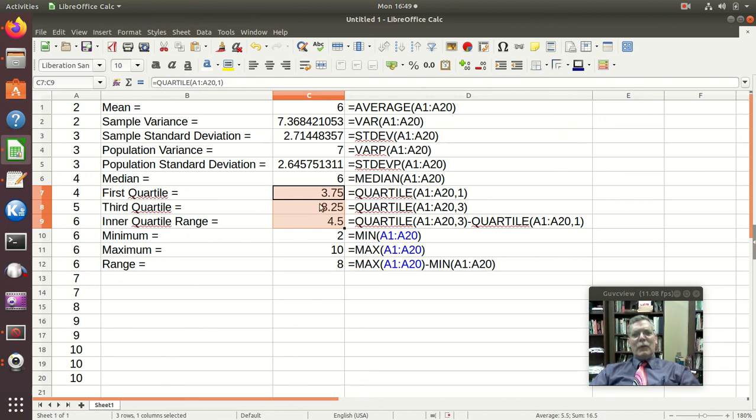And of course, if you get 8.5 and 3.5, this will be a 5. But as long as you're getting very similar numbers, you're probably typing everything in correctly.